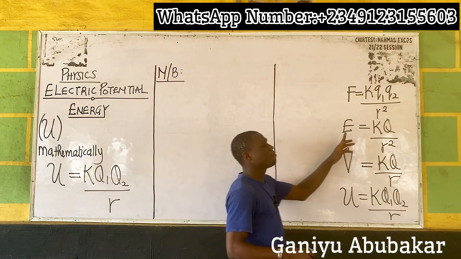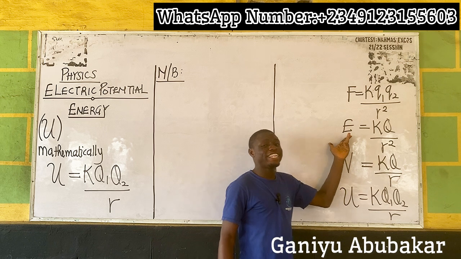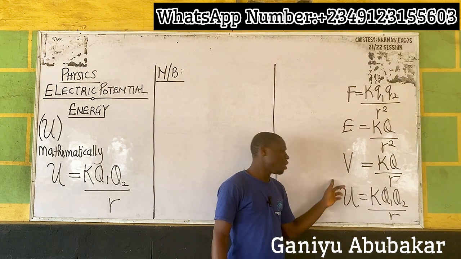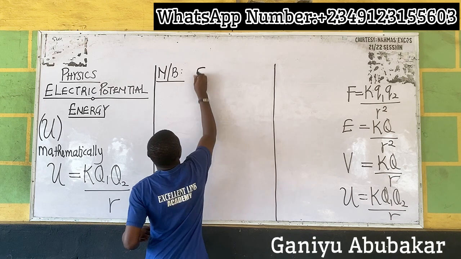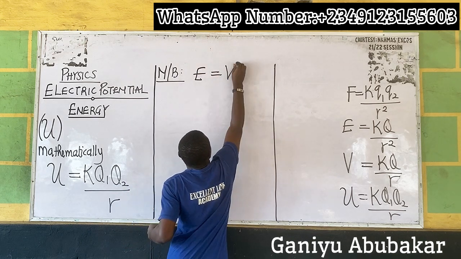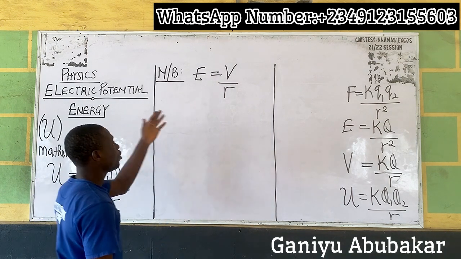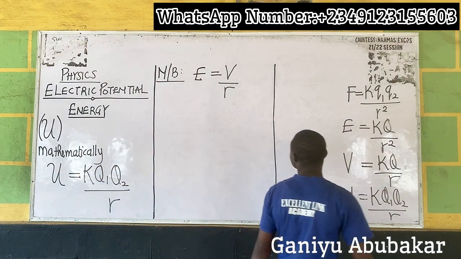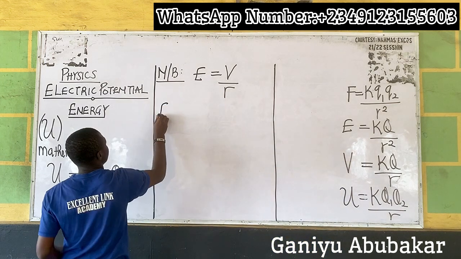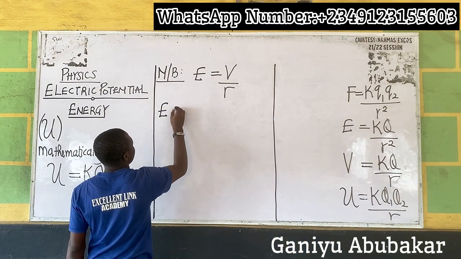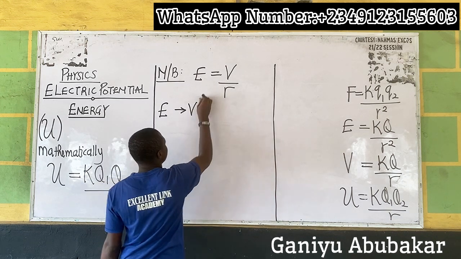I said electric field intensity, that's capital E, and electric potential energy, that is capital U, are related by the equation E equal to V over R. So I can say that E can also be expressed as V, which is volts, over R, which is distance in meters.